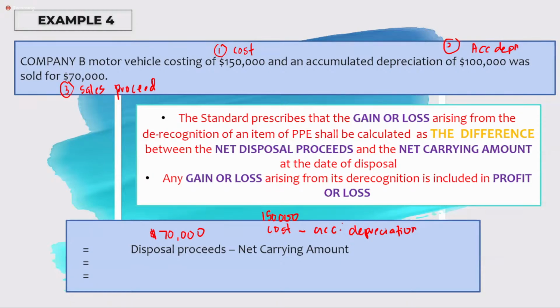Accumulated depreciation? 100,000. So net carrying amount is 50,000. Can you calculate the difference? How much is the difference amount? 20,000. So the difference is 20,000. Is it a positive or negative value?